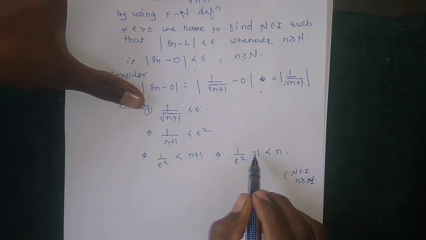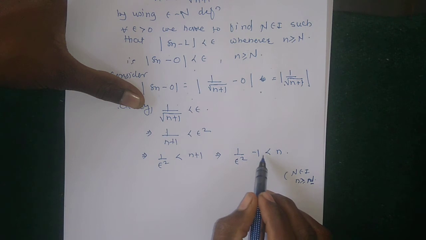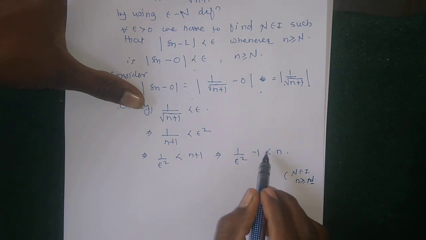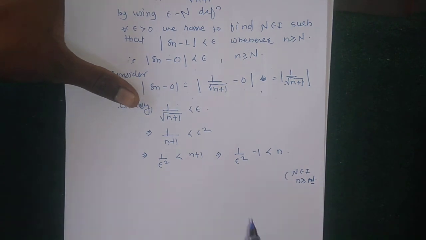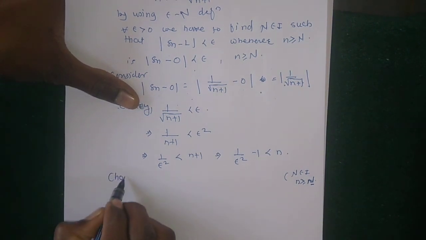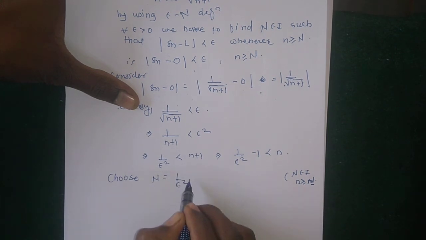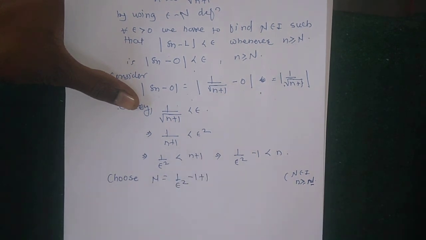So if we add 1 to the whole term, then the value of N is 1 upon epsilon squared minus 1 plus 1.